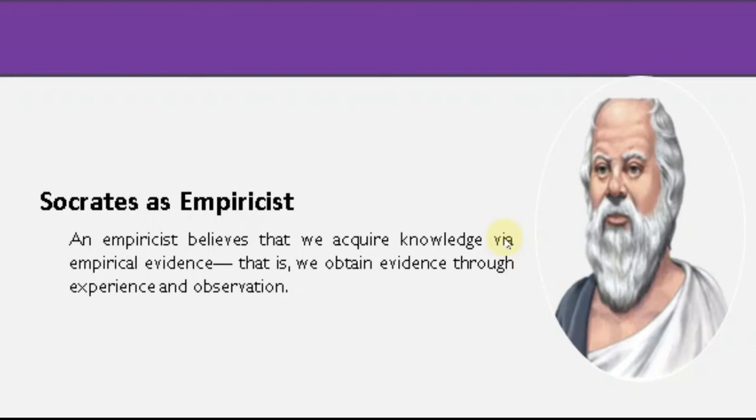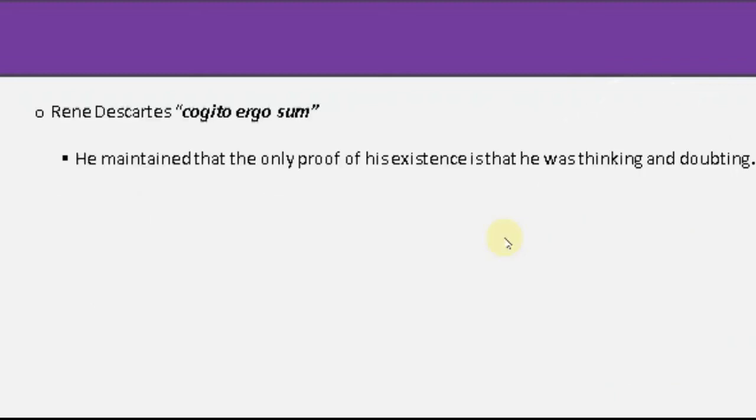And sinasabi niya na, Plato, mali ka. The philosophical view of yours is not true. We learn through experience, not just by being rationalist or the innate behavior or logical thinking that you are saying.